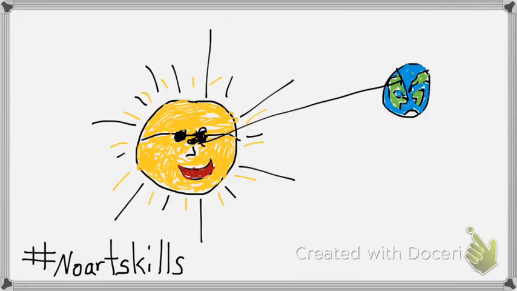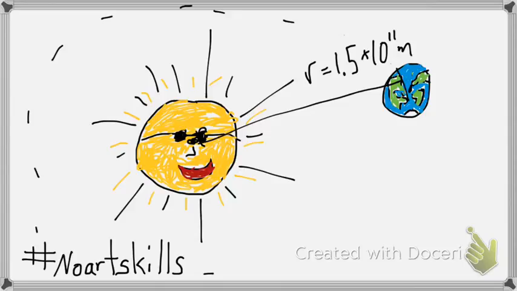It's defined as 1.5 times 10 to the 11 meters. As the Earth goes around the Sun, orbits around it, this would be its orbital radius. Now technically it's more of an ellipse, but it's pretty close to a circle. So that's the distance between them.